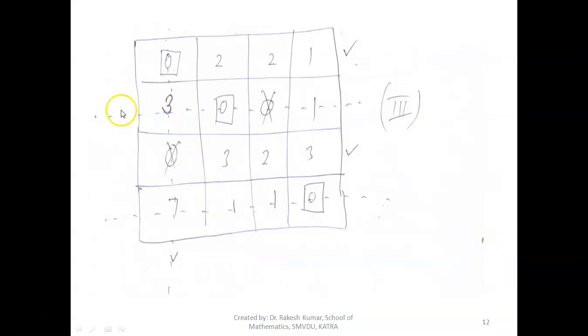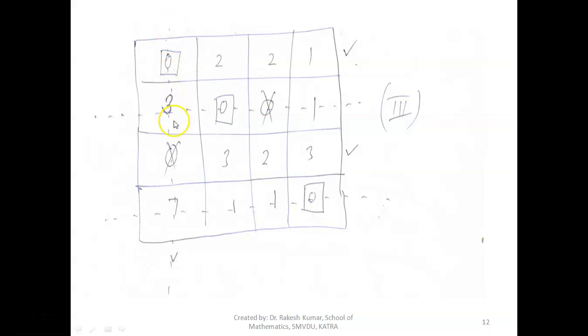This is an unmarked row, so I draw a line through it. From this row I cannot do, from this row I cannot do. It is also unmarked, so draw a line, and through marked columns. The marked column is this one.